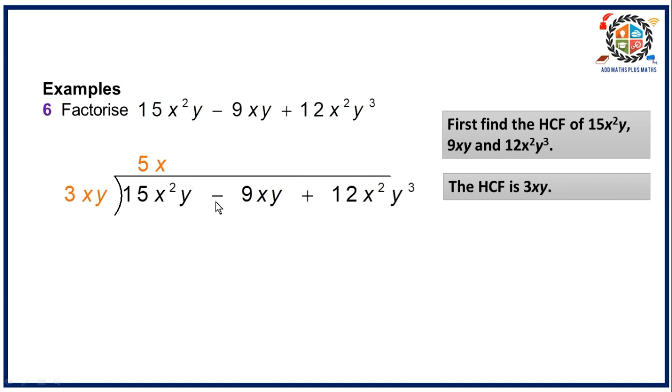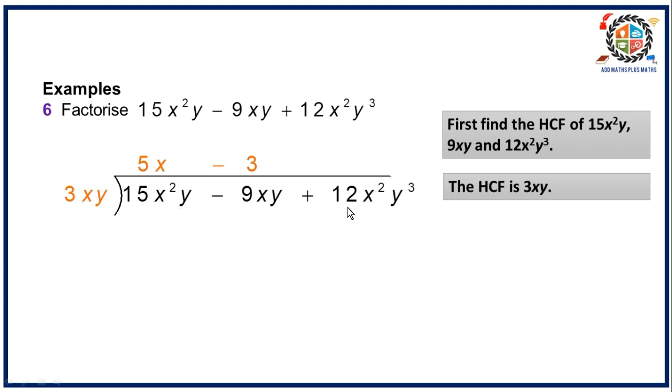Next, negative 9xy divided by 3xy. 9 divided by 3 is 3. X divided by x is 1. Y divided by y is 1. So negative 3 times 1 will become negative 3.